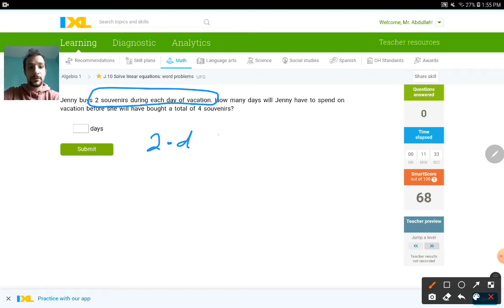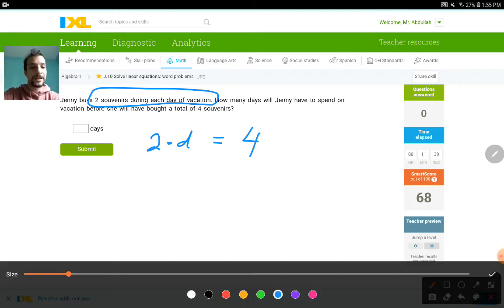So in total, she wants to have 4 of these items, okay? We need to figure out how many days. That's my question. That's why I kept the D the same. I'm not plugging in anything for it, because if you read the question, it says how many days. So that means the days is the question. I cannot just plug in a number just because there's a 4 in here.